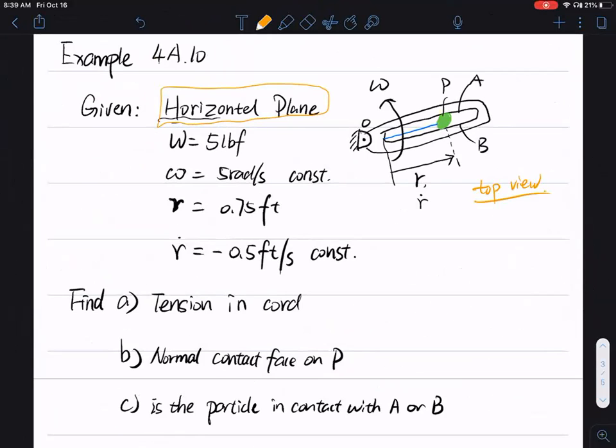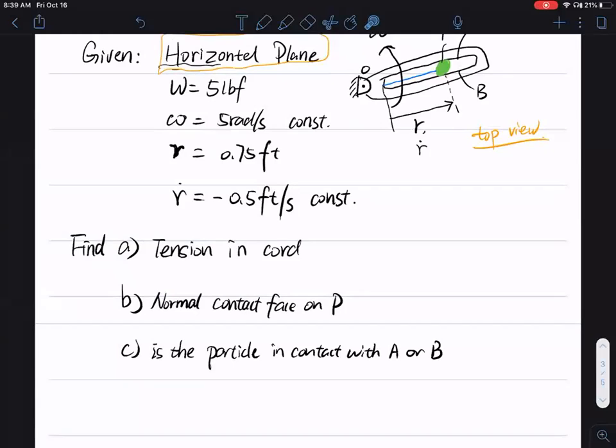So we know the angular velocity of that arm, it's omega. And we know the weight of that particle P is 5 pounds. We also know the distance from that reference point to particle P, it's R. And the change of that distance, R dot, which is the speed of particle P, is negative 0.5 feet per second. It's a constant number. Also, that angular velocity is a constant number.